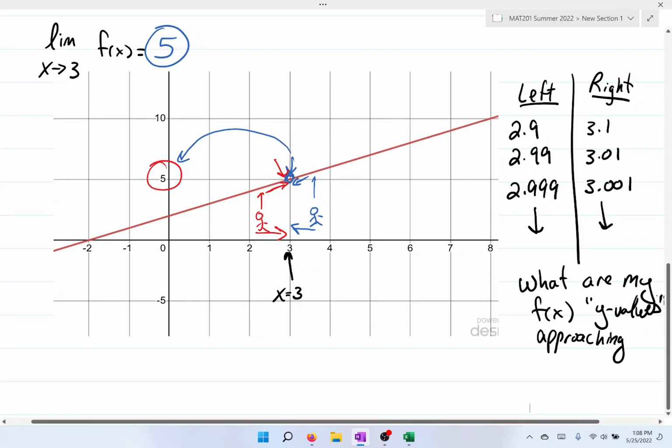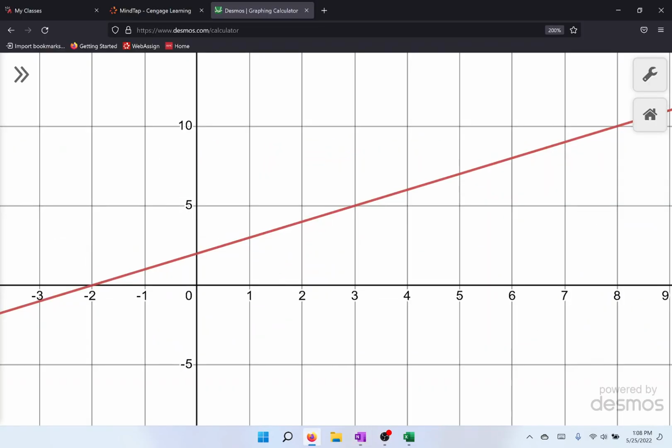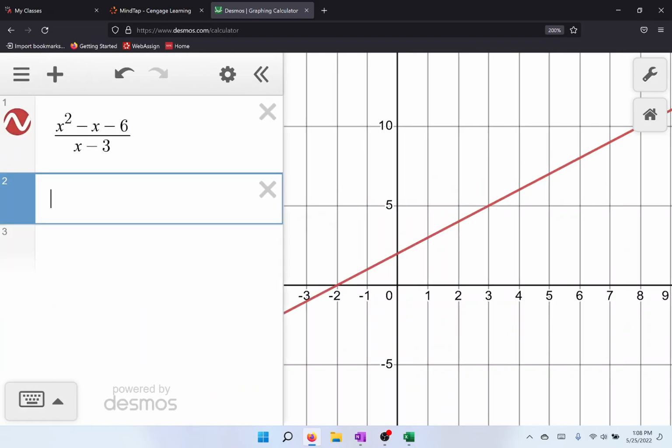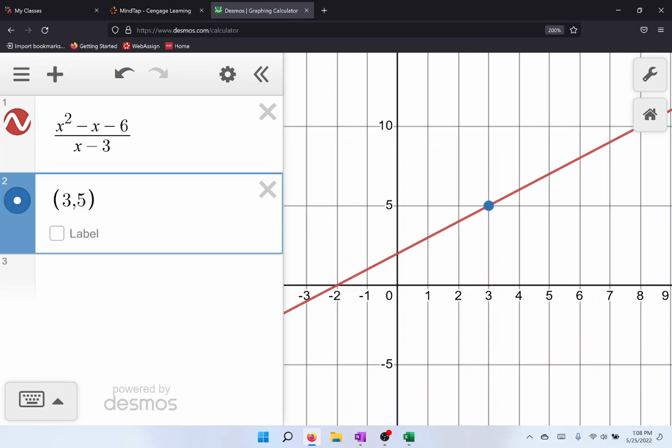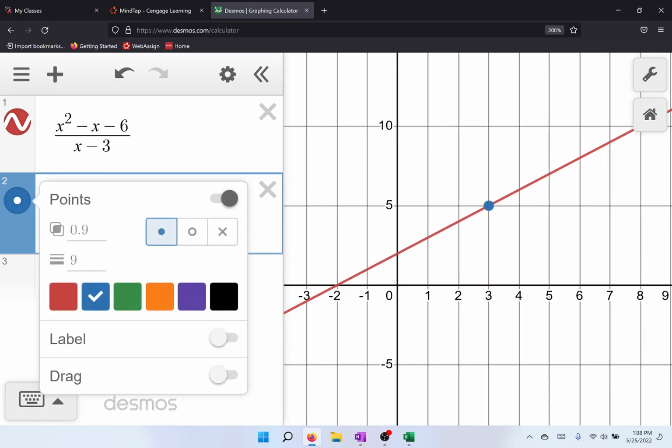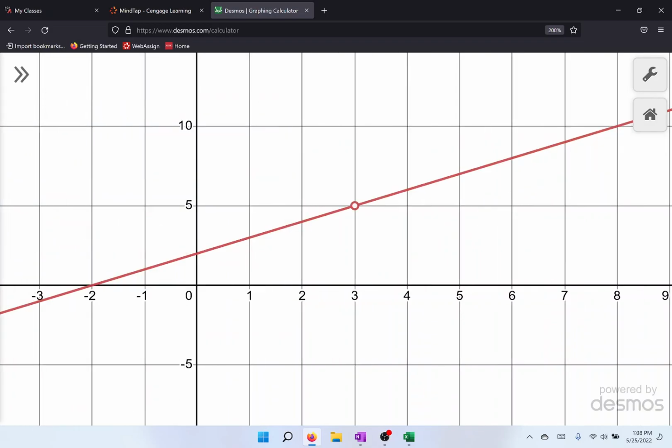So now if we go back to Desmos, ideally this graph should look like this. And this is one of the major disadvantages with using a calculator, because sometimes calculators can lie to you. And in reality, there's a hole at (3, 5).